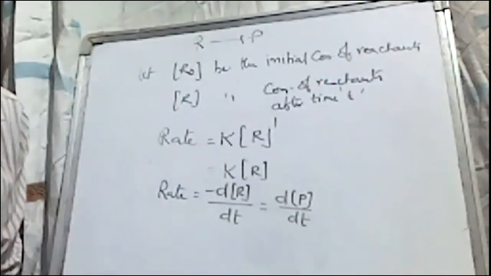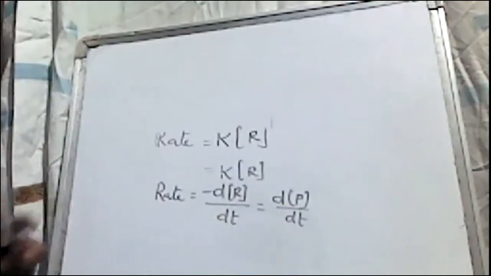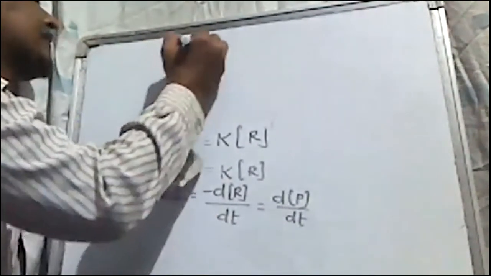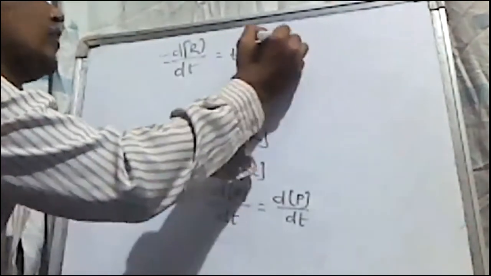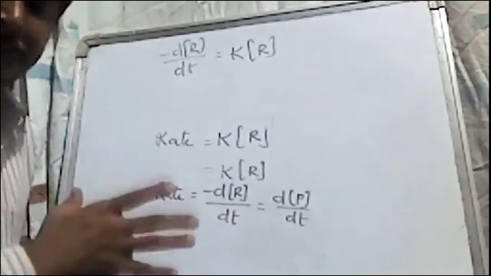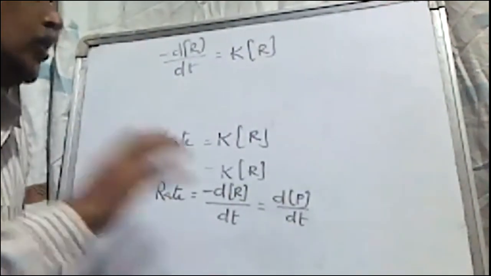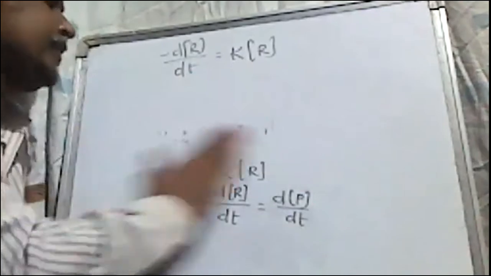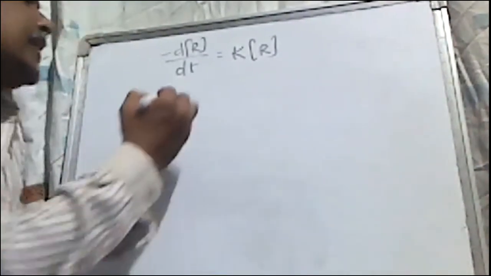Substituting, minus dR by dt is equal to K into R. I need to solve this expression to get the rate constant of a first order reaction. Here K is called the rate constant of a first order reaction.